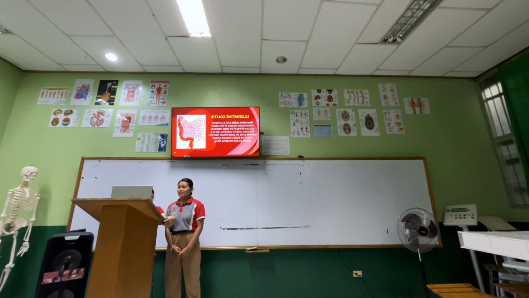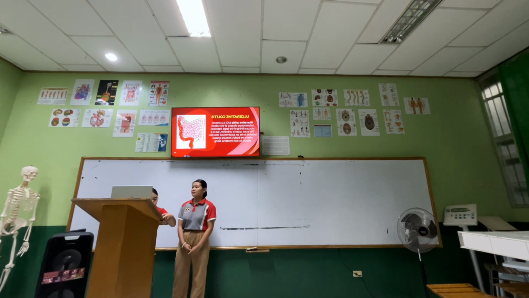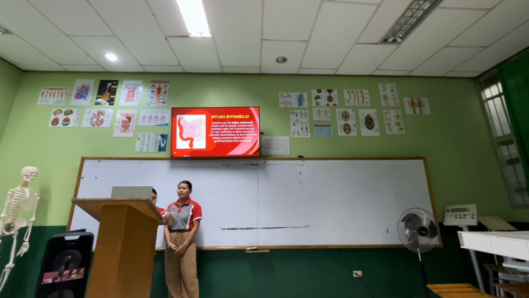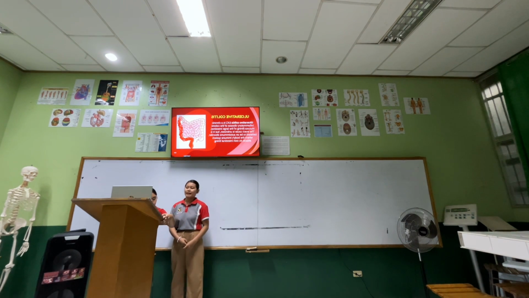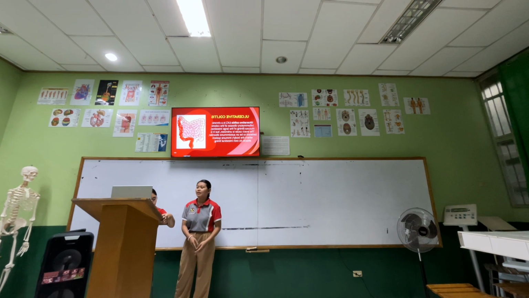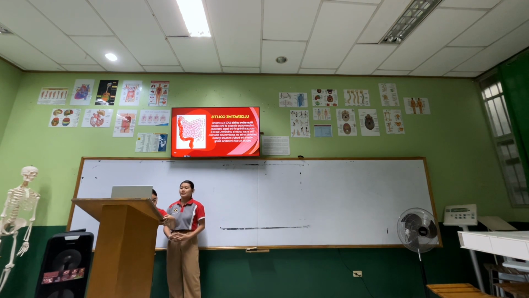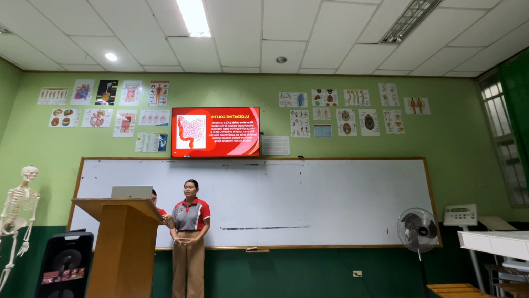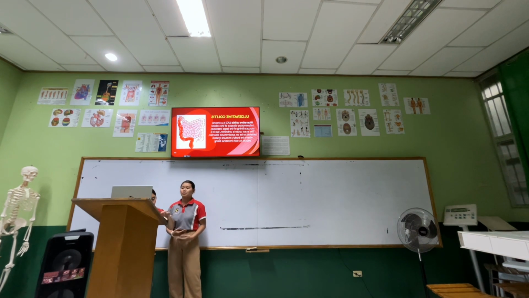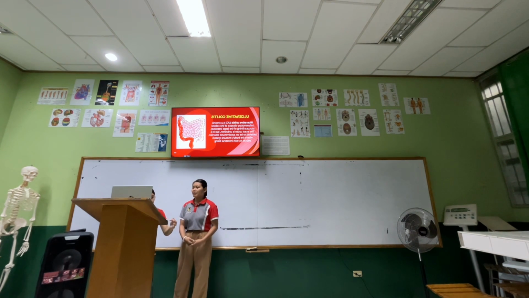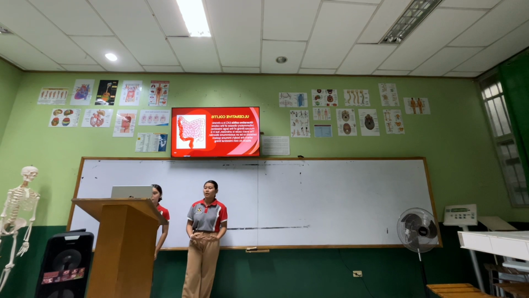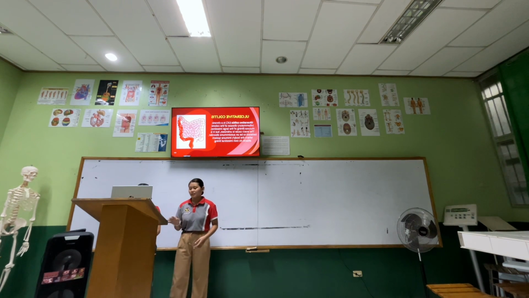Ulcerative colitis is a chronic inflammatory disease of the colonic mucosa, the lining of the large intestine. The exact cause is unknown, but it is believed to be an autoimmune disorder, where the body's immune system attacks its own intestinal lining.